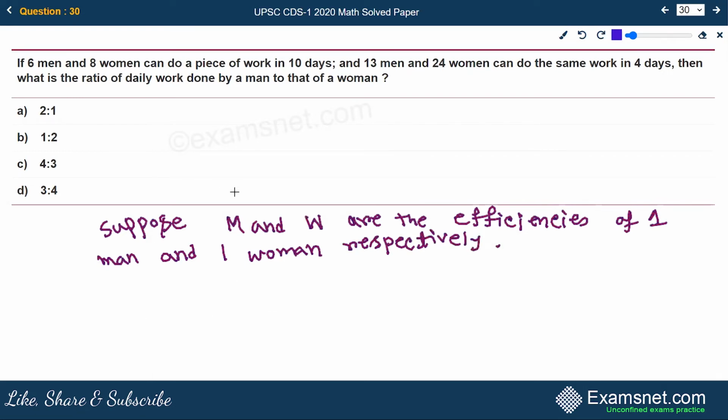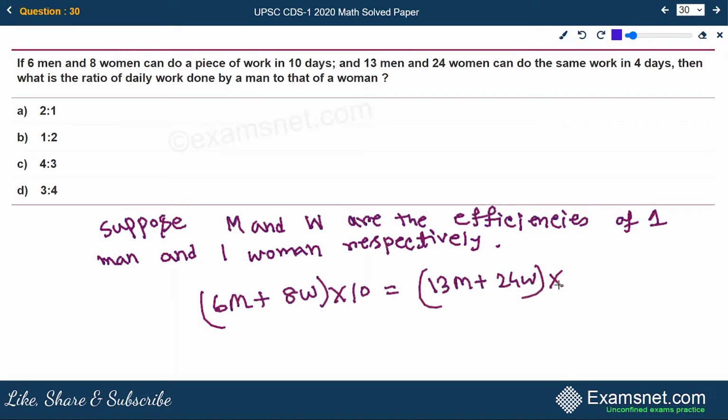According to the problem, 6M plus 8W multiplied by 10, because the amount of work in both cases is the same, correct? The efficiency multiplied by the time gives the amount of work done, that is equal to 13M plus 24W multiplied by 4, the work done by 13 men and 24 women in 4 days.